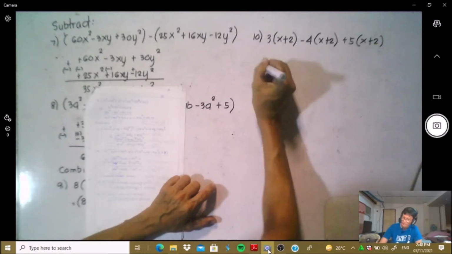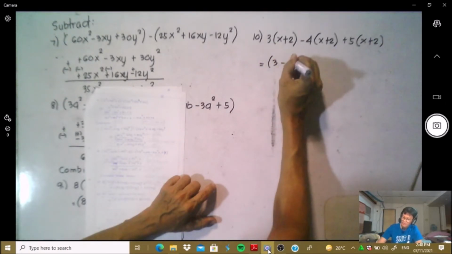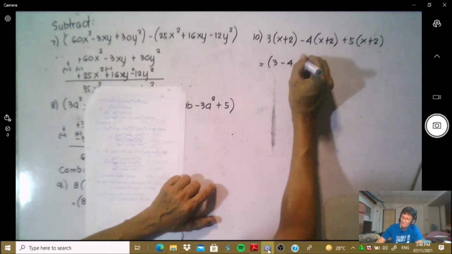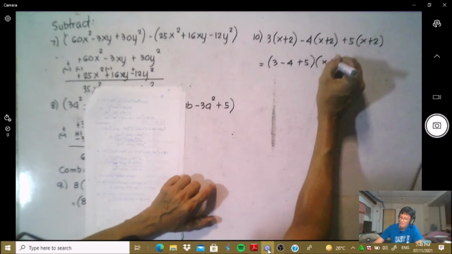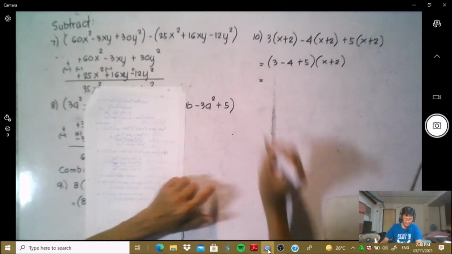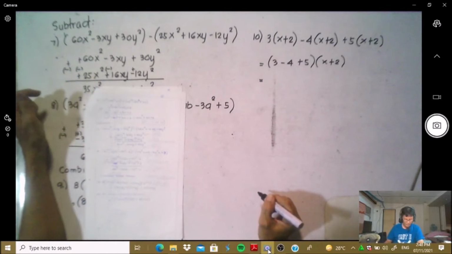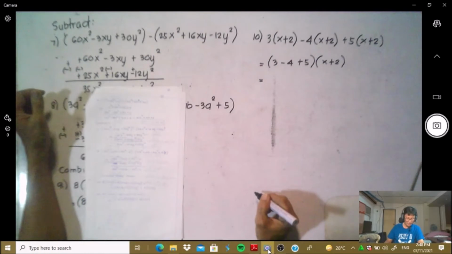Okay, again, we can factor out x plus 2. So we have 3 minus 4 plus 5 multiplied by the quantity x plus 2. And therefore, for number 10, that will be equal to 3 plus 5 is 8, minus 4 is 4.